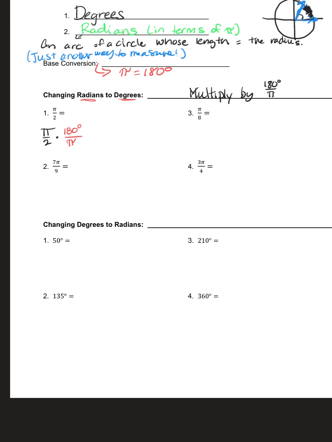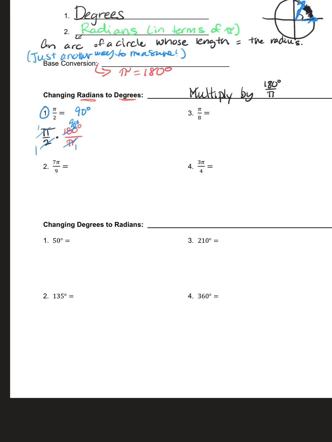So think of your fractions. I can cancel the top and the bottom that is the same. So this pi cancels with this pi, goes to 1. And I can also cancel the 2 and 180. 2 divided by 2 is 1. 180 degrees divided by 2 is 90 degrees. So multiply bottom, top. So all I have left is 90 degrees. So pi over 2 radians is equal to 90 degrees. So that's a conversion you will have to memorize. I'm going to circle that.